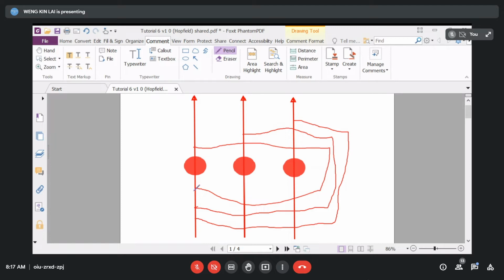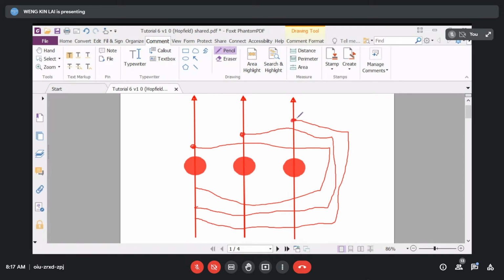Okay, so let's do this. This is my connection. Oh, sorry. I think I know why. I was using this. Connected, connected, connected.